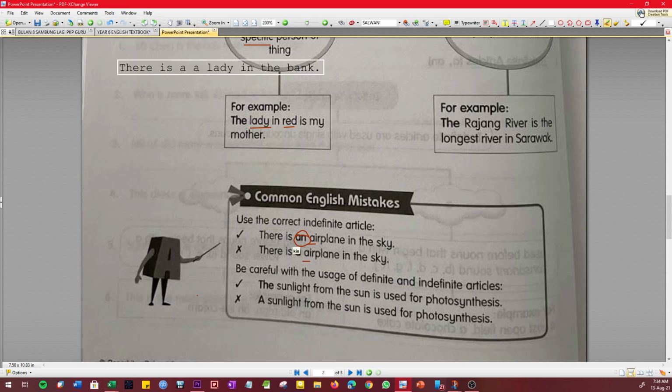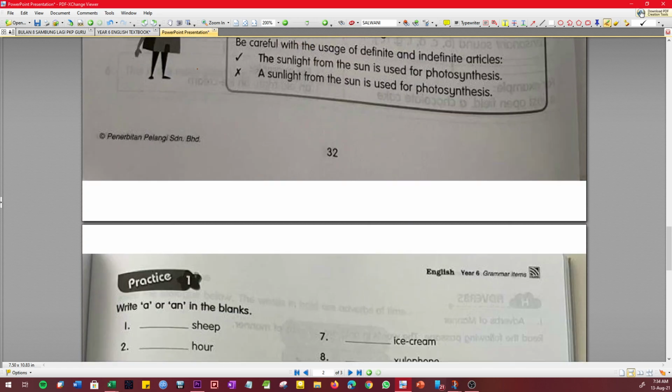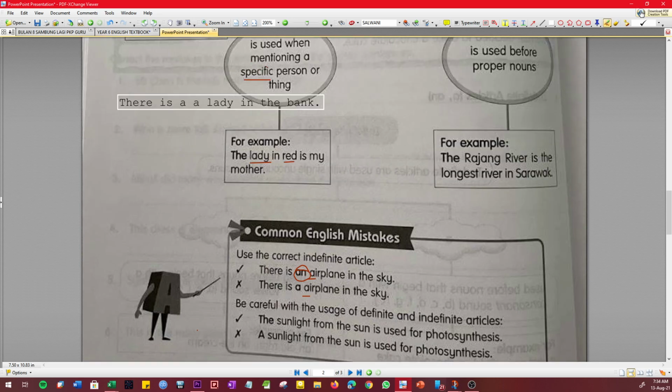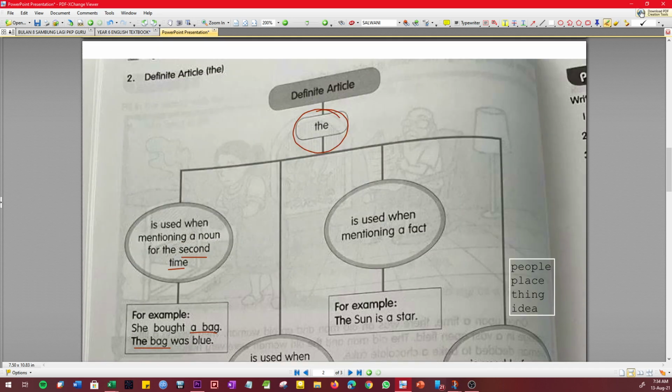Right. So, ini ada satu lagi rule dia. Dapat satu lagi rule sebenarnya di sini. The we use for plural.